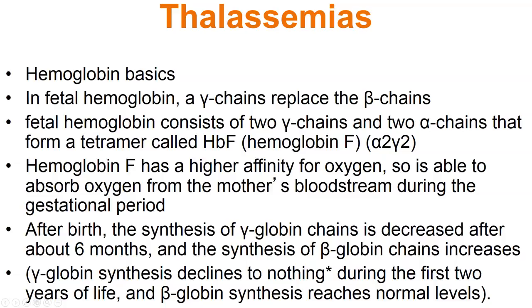Now I put a little star here because I wanted to point out, I'm talking in absolutes to make the model very simple so you grasp it the first time. You do have a little bit of fetal hemoglobin. You can measure fetal hemoglobin in adults. There is a small amount there.